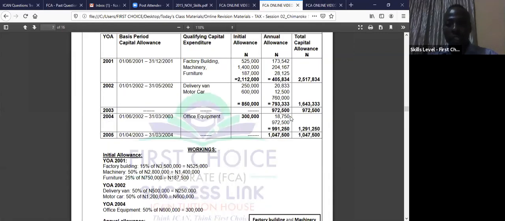So you remember this 972,500, which is all of these assets. They are all having their annual allowance in full, and they will still come up again. That is this 972,500. You are bringing all of them in.